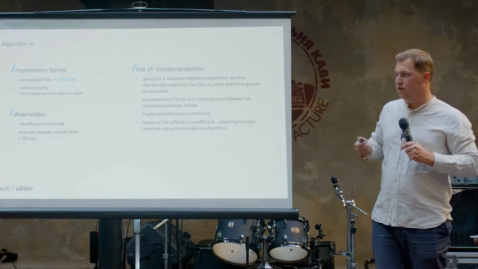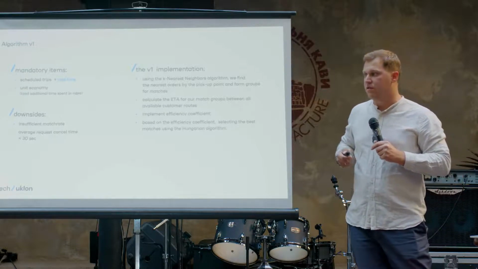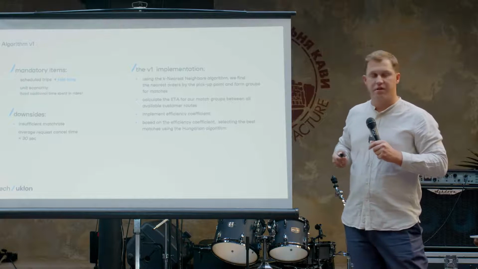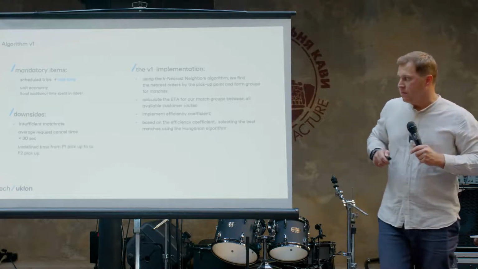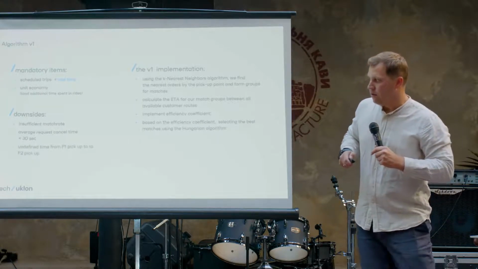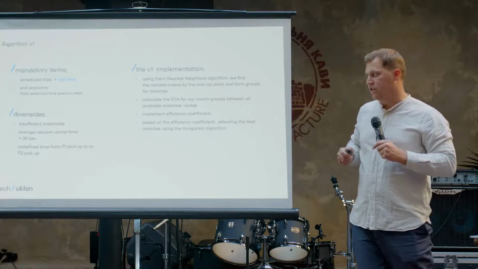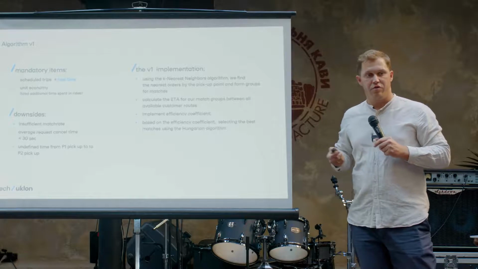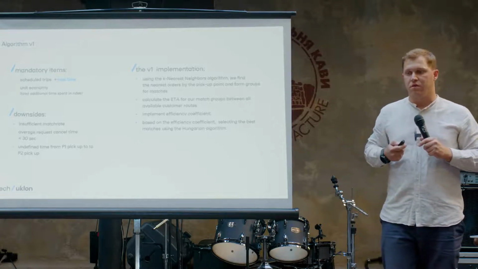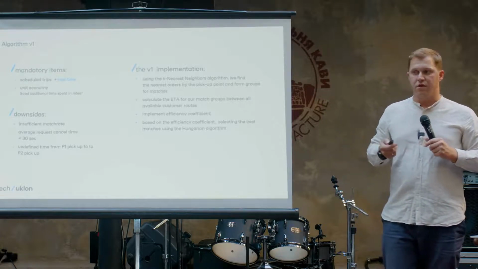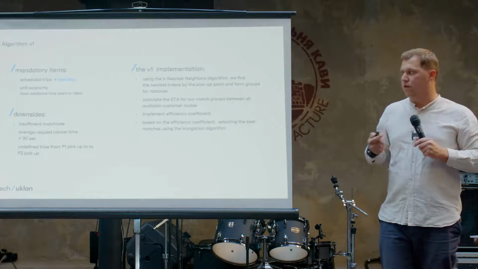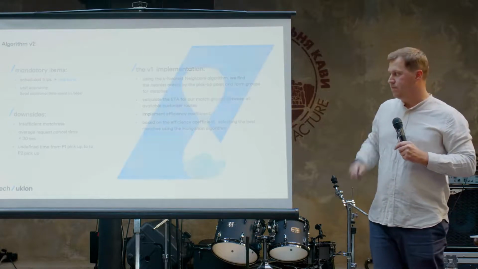We noticed that the cancel time of these rides was under 60 seconds. One more significant downside is that we had undefined time from P1 pickup to P2 pickup. It was not obvious for the user in our UX in the app.